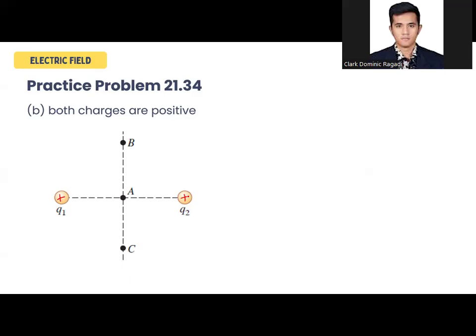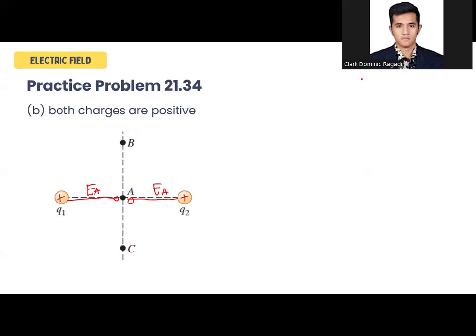So for A, we have fields directed away from each charge. Let's label these as EA and EA. They are both EA because Q1 and Q2 have the same magnitude, and the distance between A and Q1 and the distance between A and Q2 are equal.